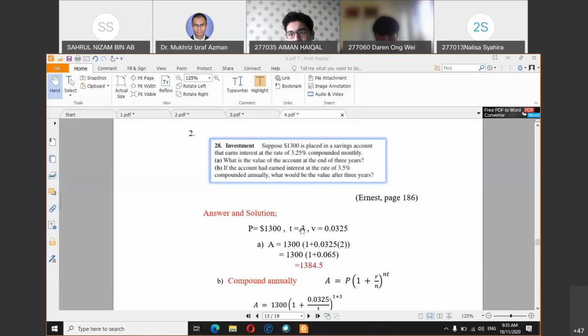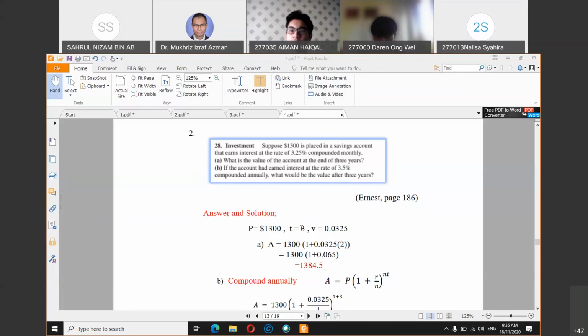So this is supposed to be 36, not 3, because this one is monthly. So 3 years means 36 months. The compounded annually is for part B. This is if compounded yearly, not compounded monthly. So for monthly you need to convert into months, then 3 years becomes 36 months.